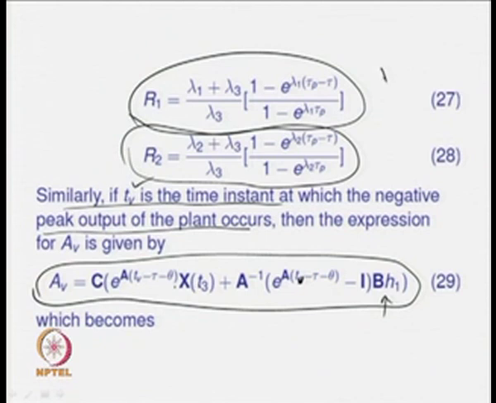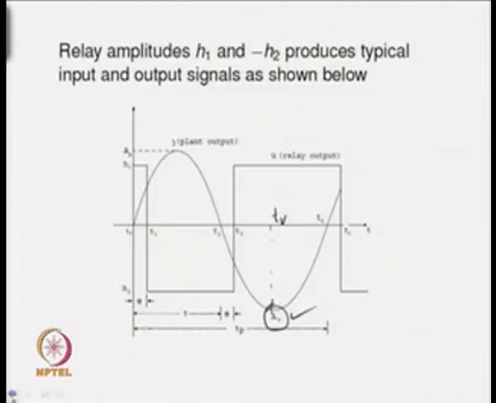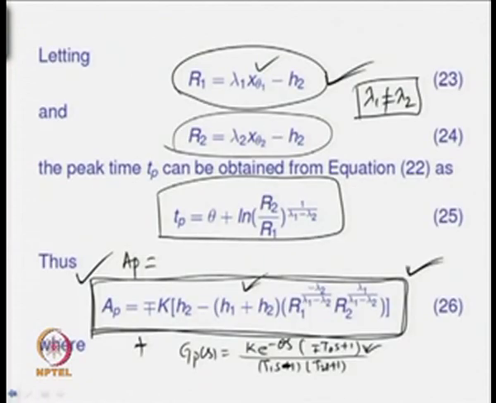So, the unknowns associated with R1 and R2 are lambda 1, lambda 2, lambda 3. And what are the parameters available from the measurement of the system output? We have got tau and tau p. H is there for the final output expression; H1 and H2 are user defined.